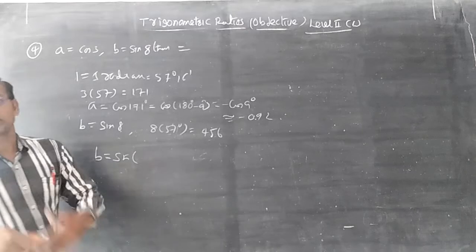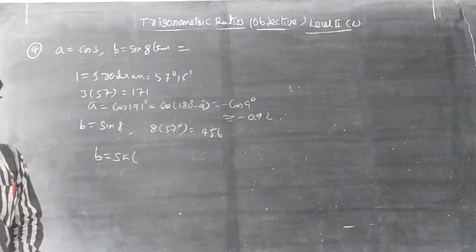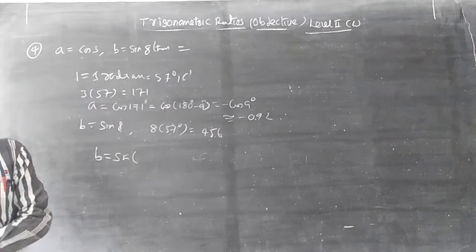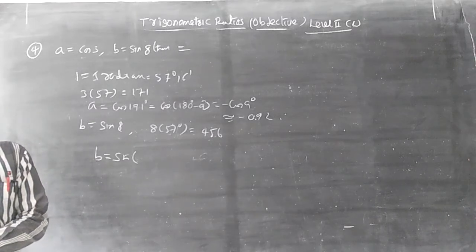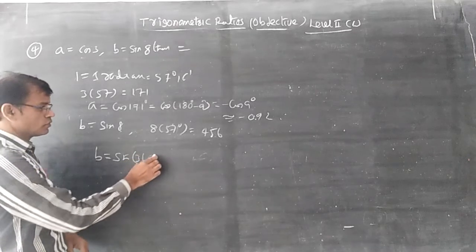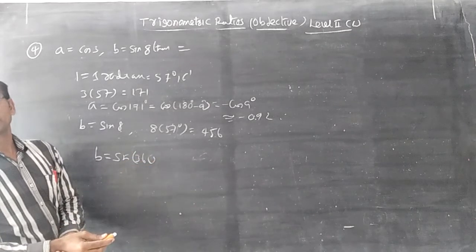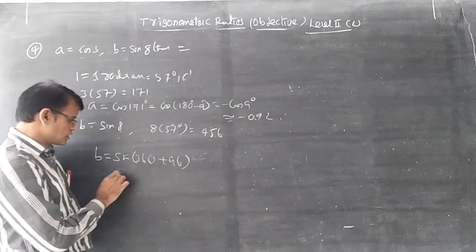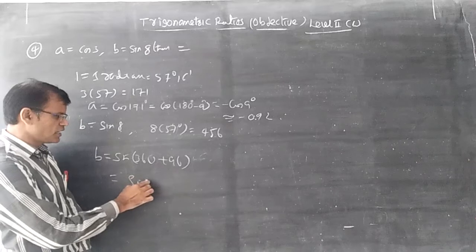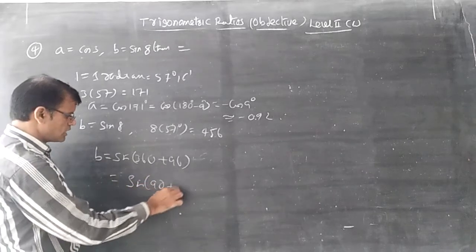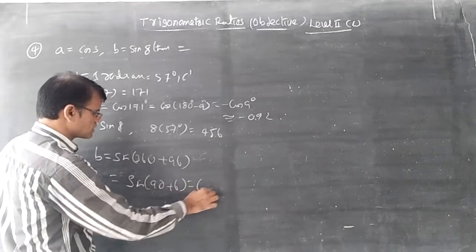Sin 456 can be understood as 360 plus something. 456 minus 360 is 96. So 360 plus 96, and 360 means 0. So sin 96 can be understood as sin of 90 plus 6, which becomes cos 6.